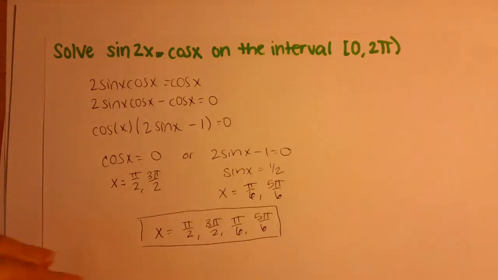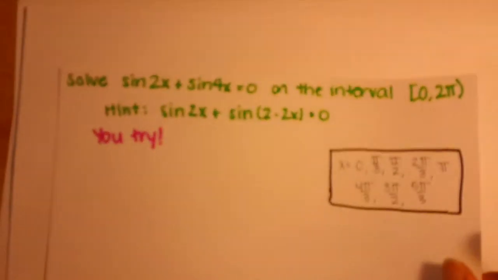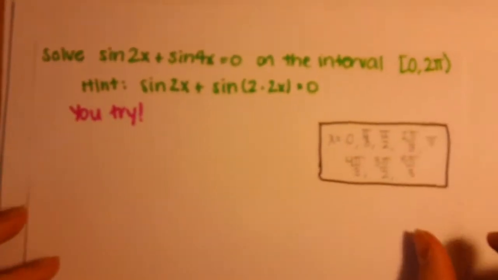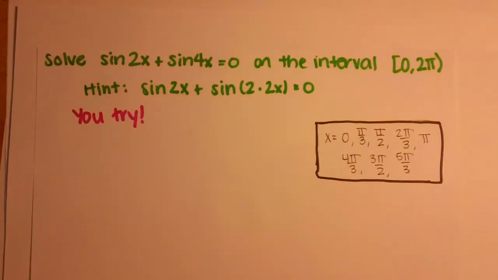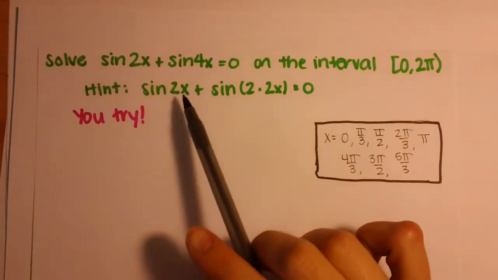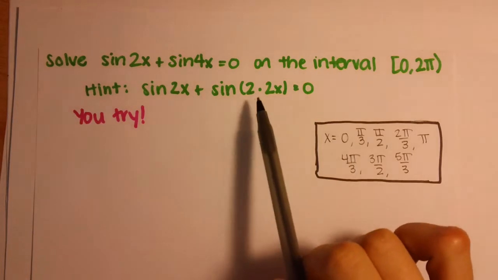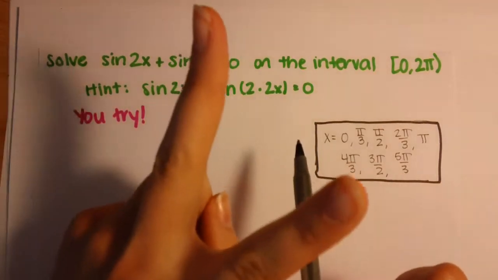Okay. And then I have one that I would like you guys to try. So this one, we have the sine of 2x plus sine of 4x equals 0 on the interval of 0 to 2 pi. And my hint to you is that you have the sine of 2x plus the sine of 2 times 2x, so you're going to use that double angle identity 2 times.